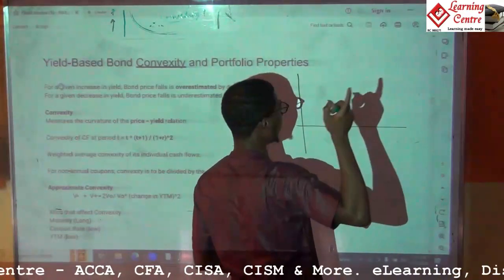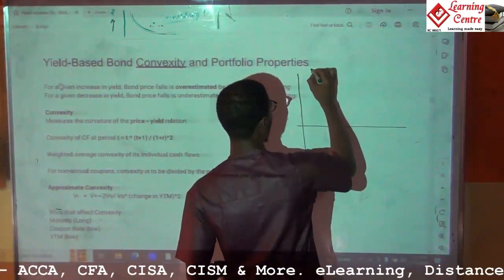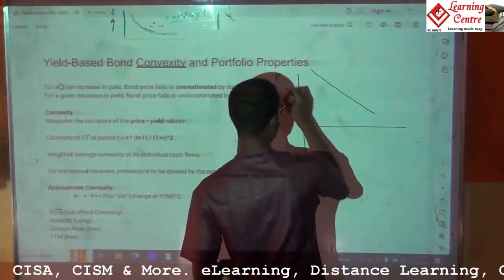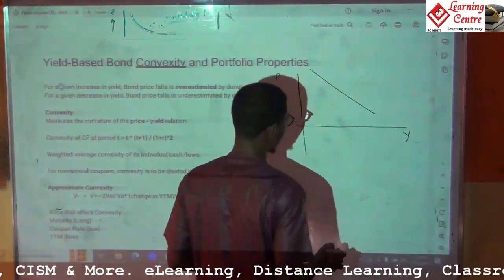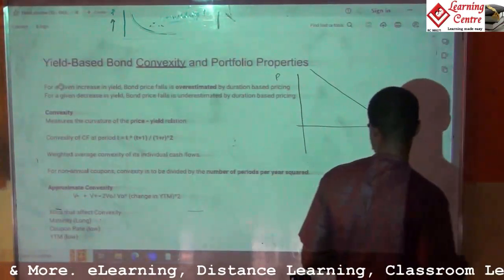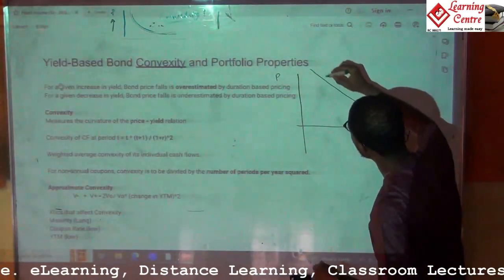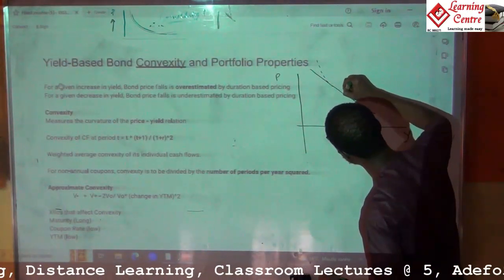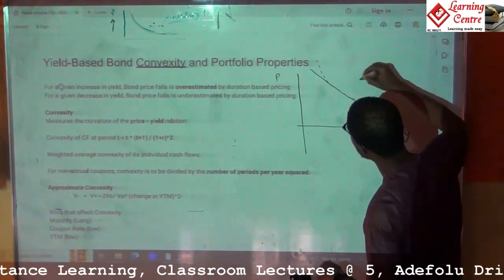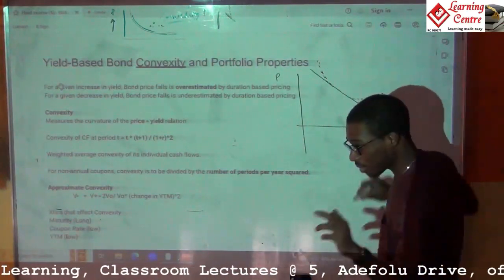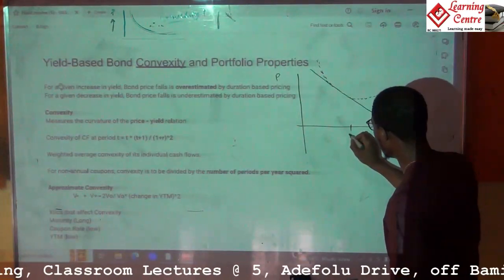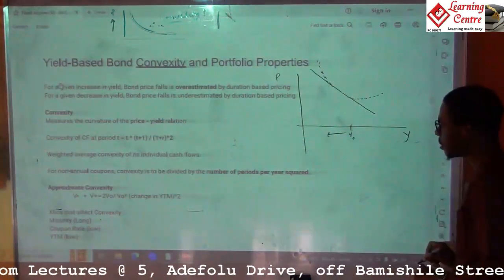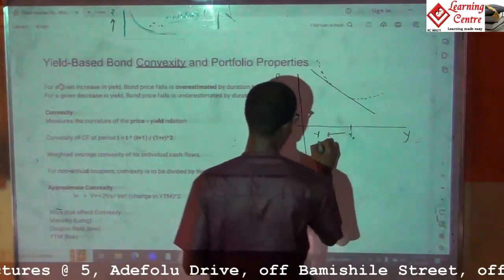First, we did duration earlier, when we assumed only a linear relationship between price and yield. We are taking it a step further to consider convexity. Convexity talks about the curved relationship that we see between price and yield. Here is our y0. When yield falls, yield moves to this point.